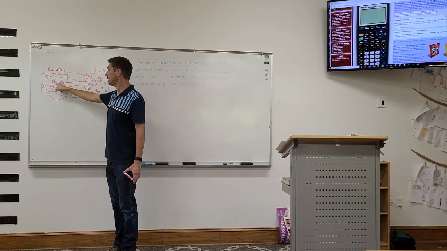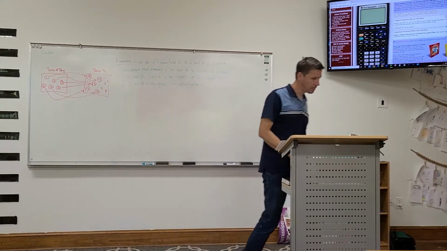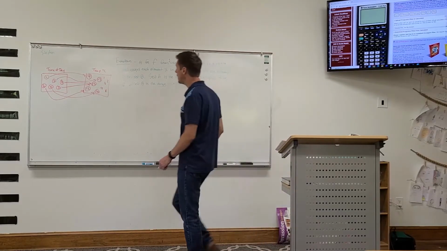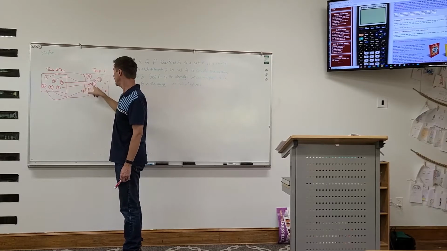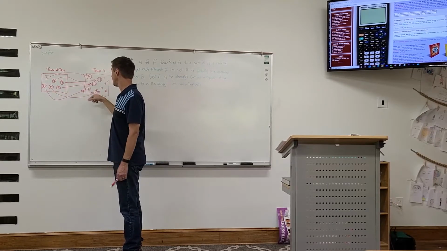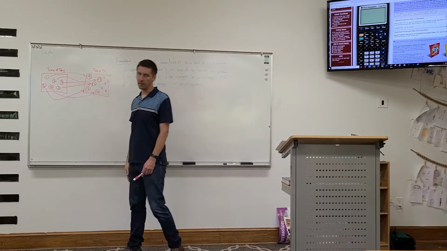At 2 p.m., the temperature is 13 degrees Celsius. At 4 p.m., it's 15. At 3 p.m., it's also 15. At 5, I reversed them, it's 10, and then 6 is 12.